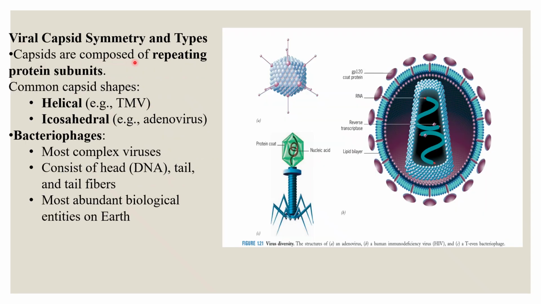Viral capsids are composed of repeating protein subunits. Common capsid shapes are helical and icosahedral. The adenovirus has an icosahedral shape, while the tobacco mosaic virus has a helical shape.